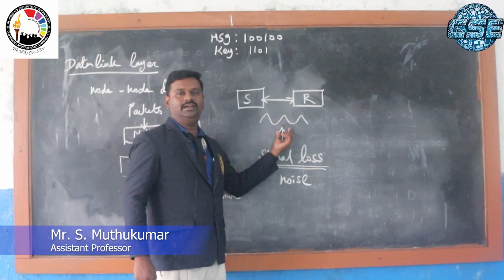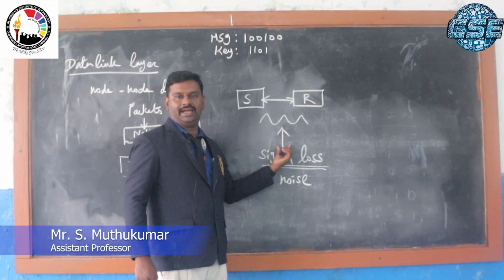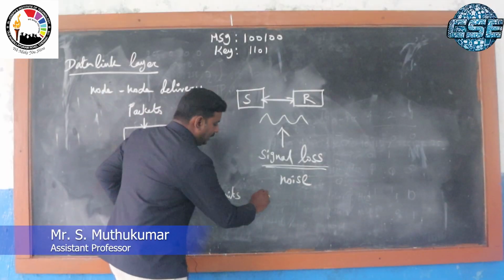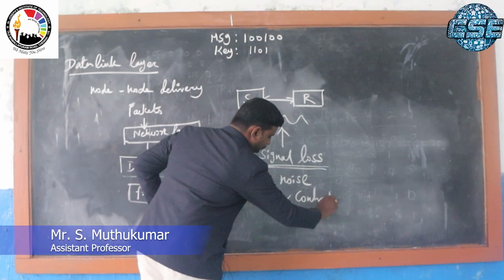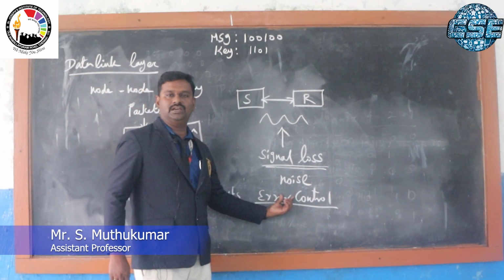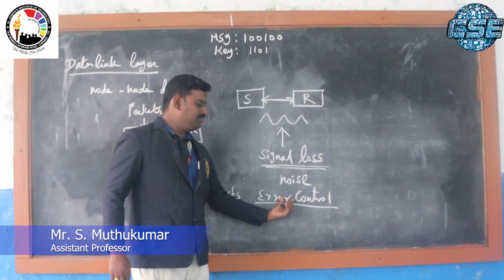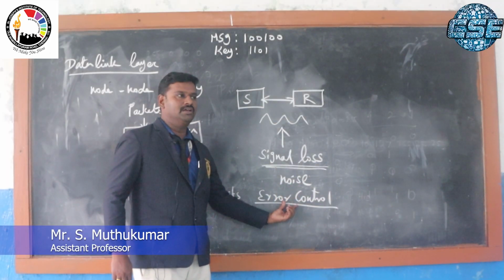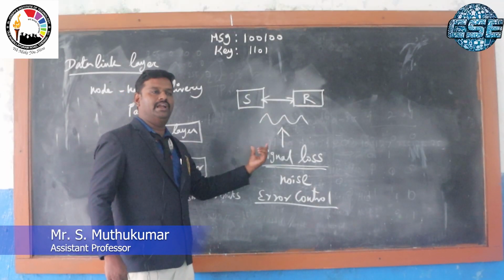To ensure data delivery with reliability, we go for a mechanism called the error control mechanism. This is a process of detecting the errors as well as correcting the errors. We have already discussed the basic functionalities of framing and flow control.